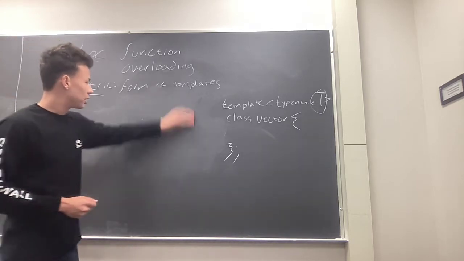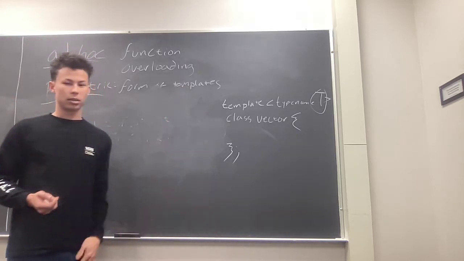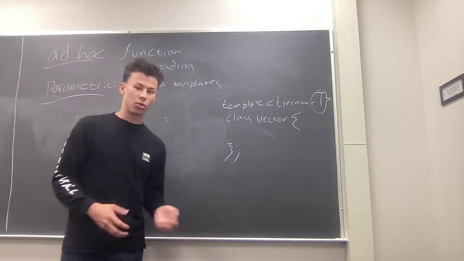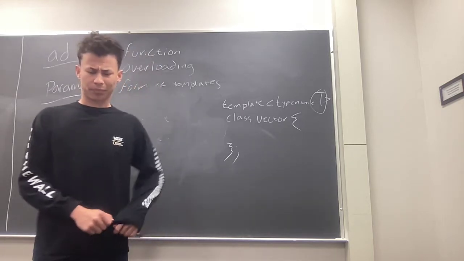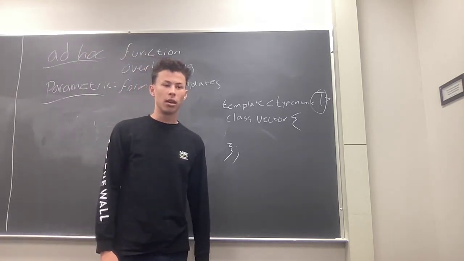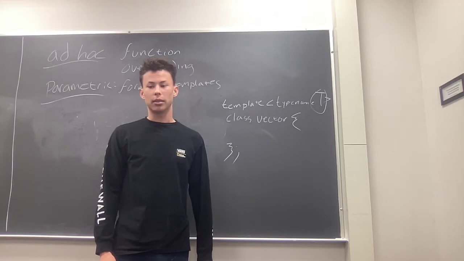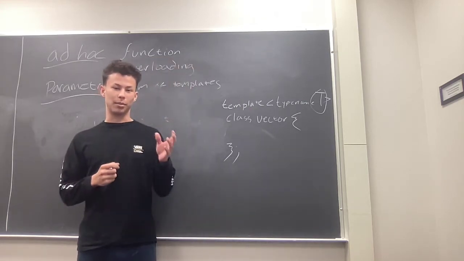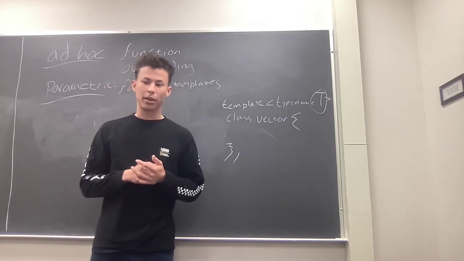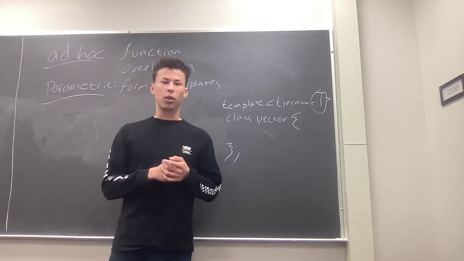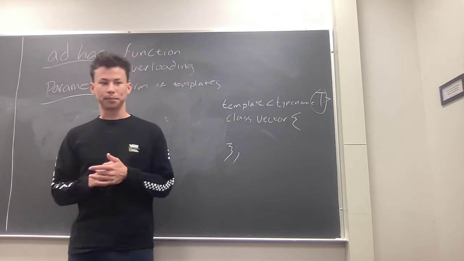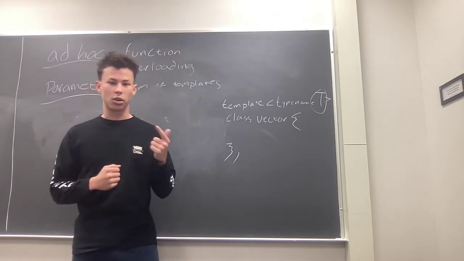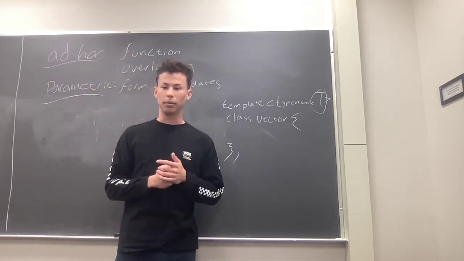And now let's move on to templates. So the point of templates is to reduce code duplication because you don't want to have to write the same lines of code where the only thing that differs is the type name, because that would be pretty inefficient. And let's say you write 5 classes for int, char, double, string.